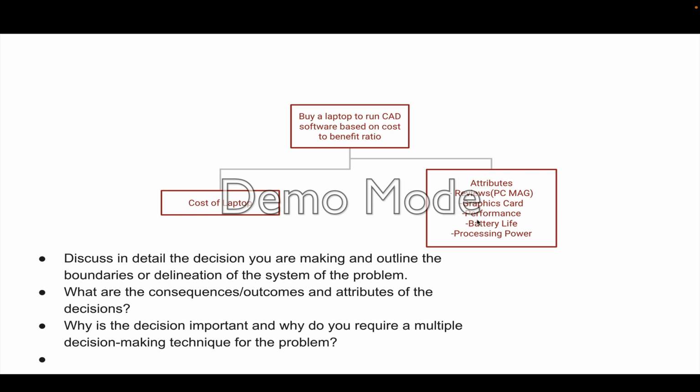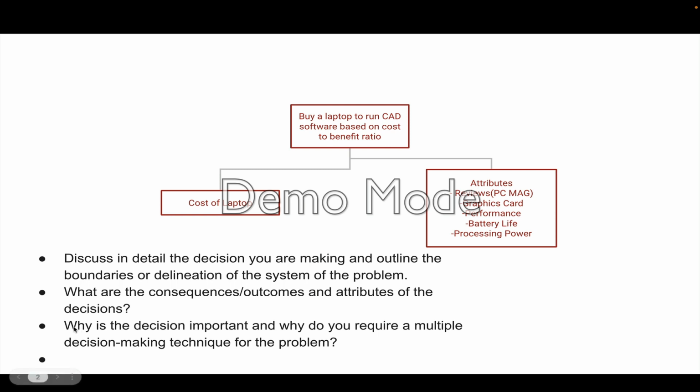Just one bullet. So the consequences or outcomes of this is obviously going to be either making the wrong decision, which won't be the end of the world, but it might affect your efficiency when you're trying to run these kind of programs and things of that nature. And a good thing that could happen is you get a good computer that you're really happy with.